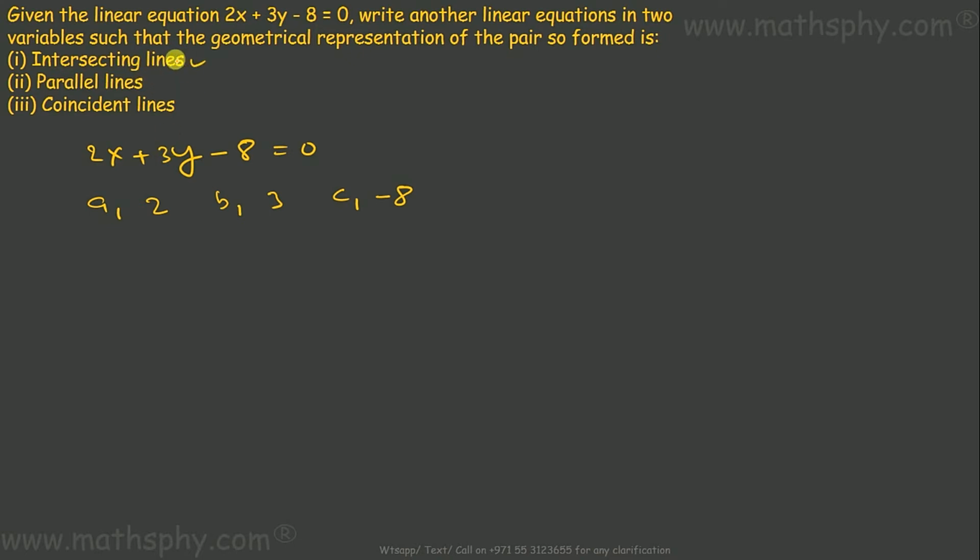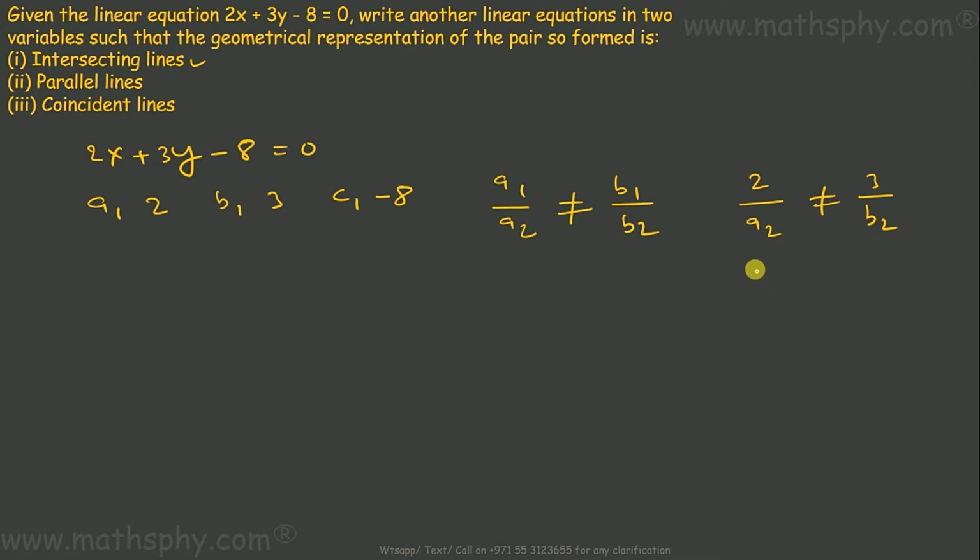For intersecting lines, the condition to fulfill is a1 over a2 should not be equal to b1 over b2. Here we know a1 is 2 over a2, not equal to b1 over b2, which is 3 over b2. Now, there can be n number of solutions for this.